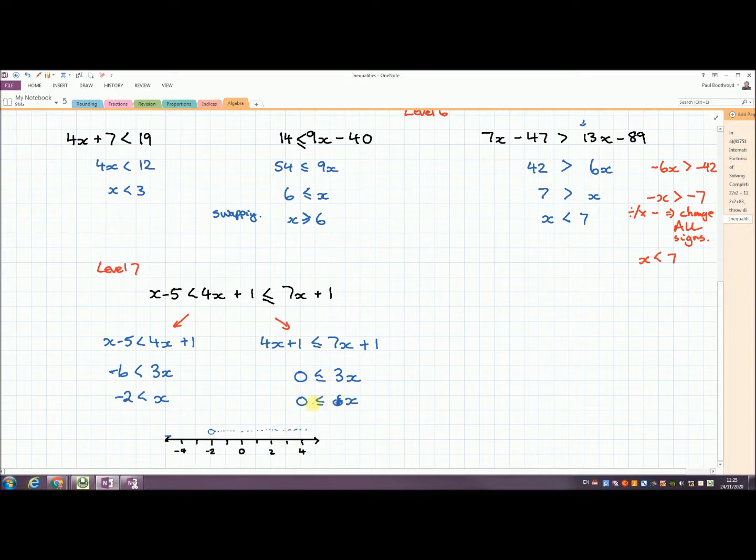We've got x is bigger than 0 or more. Well, the only case where these two are true is this region here. So the final solution is x is greater than or equal to 0.